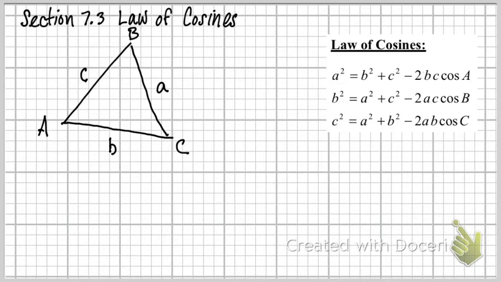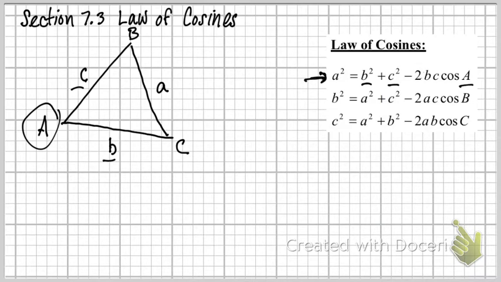So if I'm looking at this first one here, I know B and C, and possibly big A. So I'm going to know little b, little c, and I'm going to know big A. And if I know those three things, I can use this first equation.